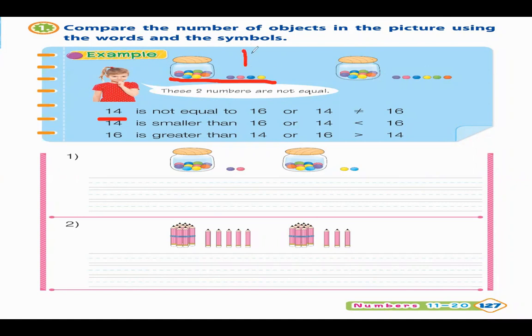There are 14 here and there are 16 here. That means it's not equal to 16. Or you can say 14 is smaller than 16.